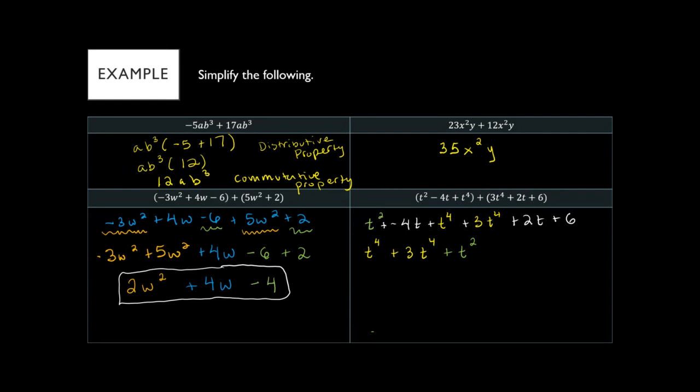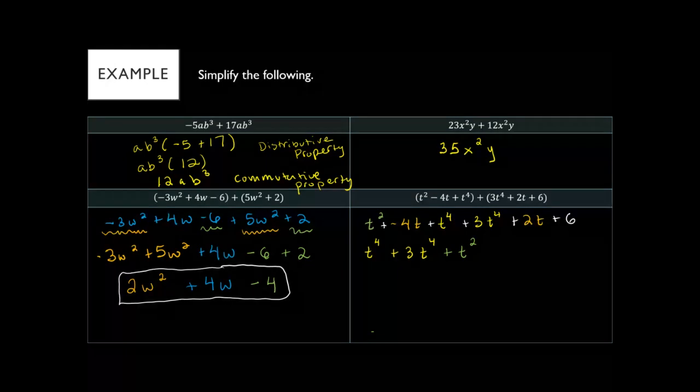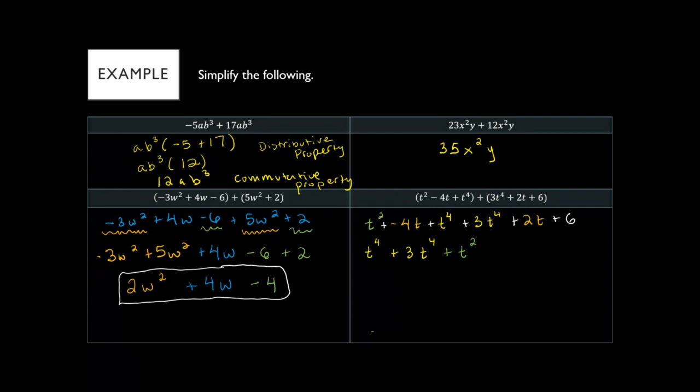So if you don't have any more things with exponents, you go to the variables. So we have things with t. So I have a negative 4t and a 2t. So we're going to group those together. Negative 4t plus 2t.